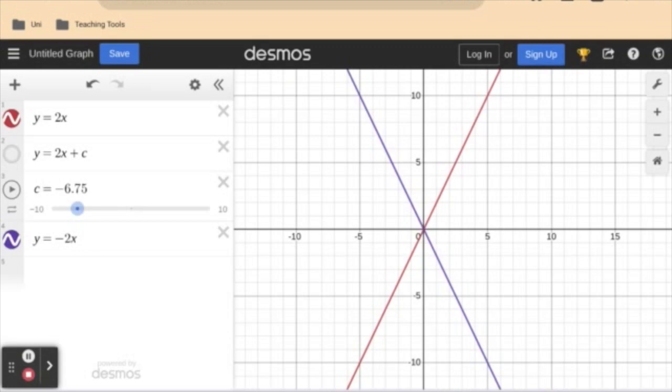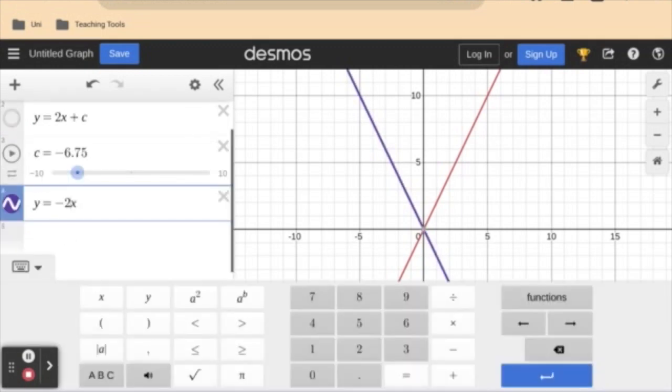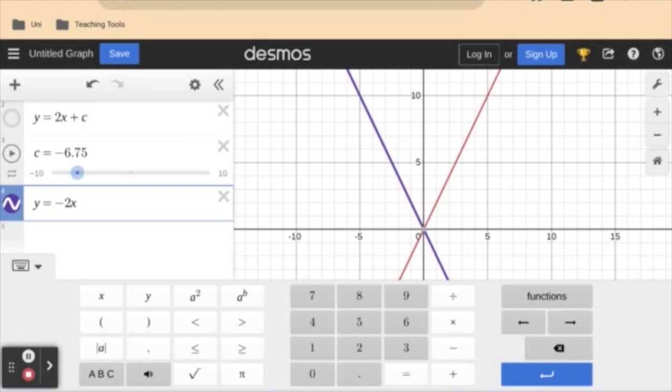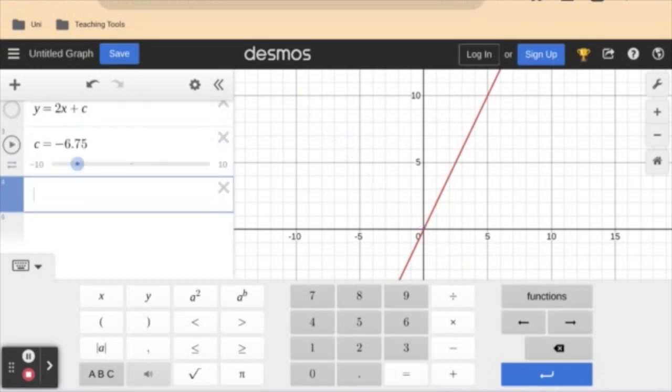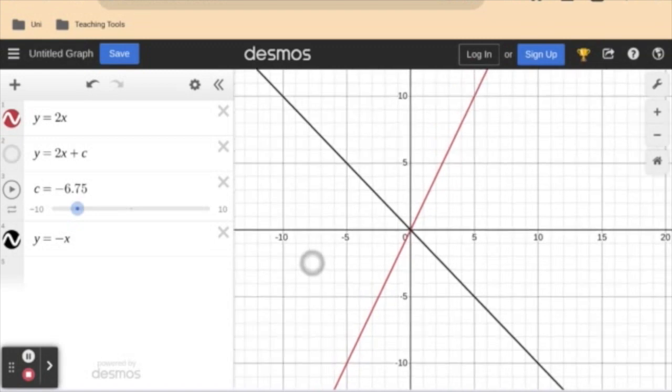Because that's going to make the slope a little bit more gentle. So instead of the 2 here, let's try, say, 1. Y equals negative x. All right, this looks a little better.